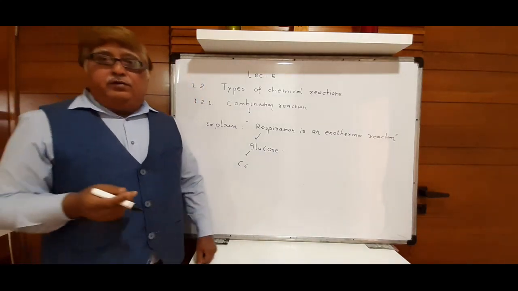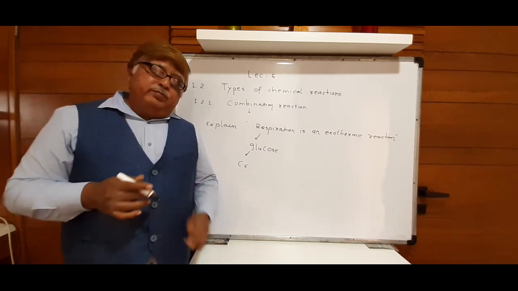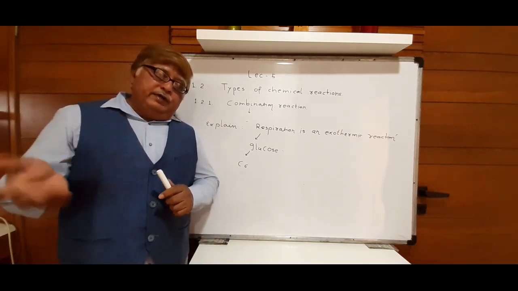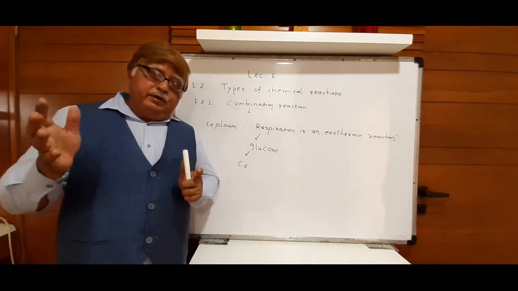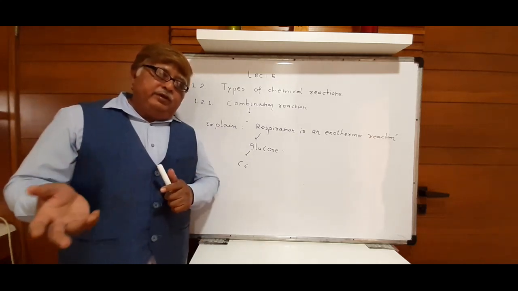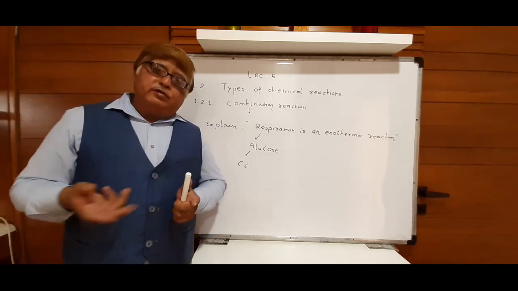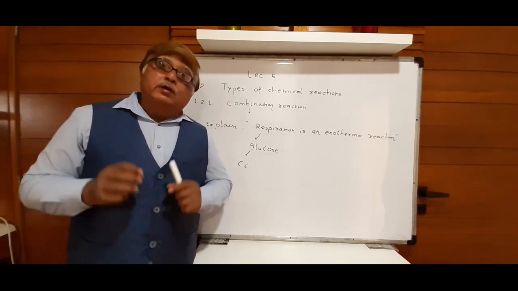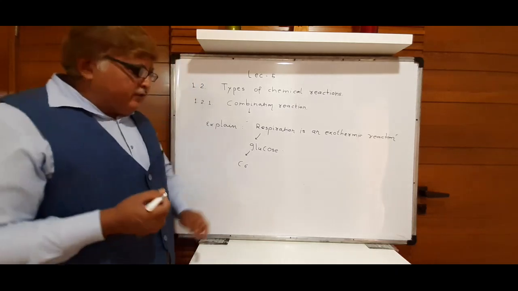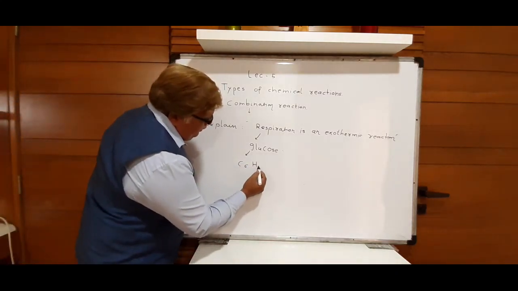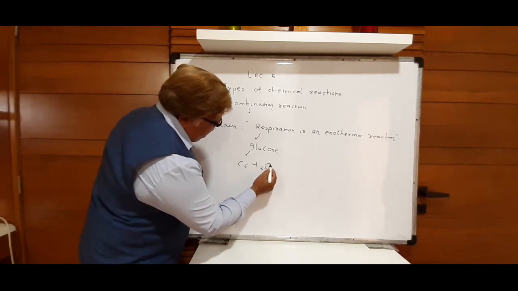You must be trying to find the formula from your mind. So think, and try to memorize the formula which you have already studied in a previous standard also. If you can, I'm just writing it here. Glucose: C6H12O6.